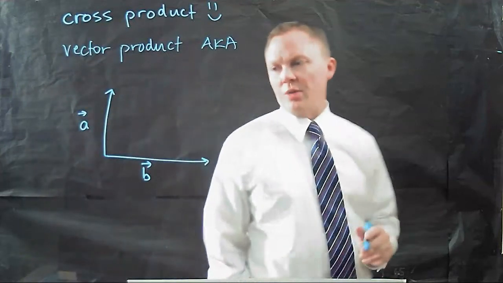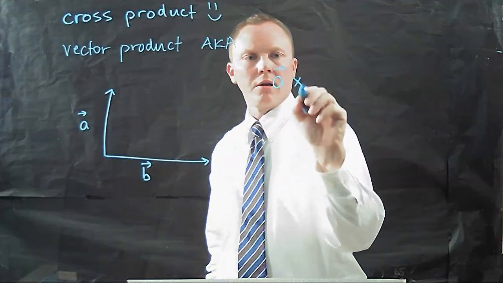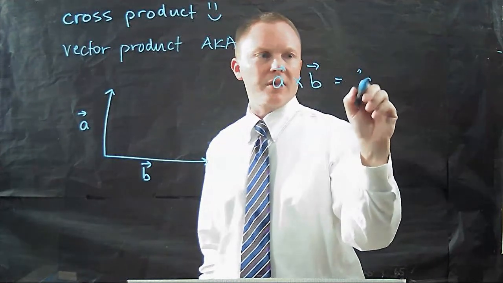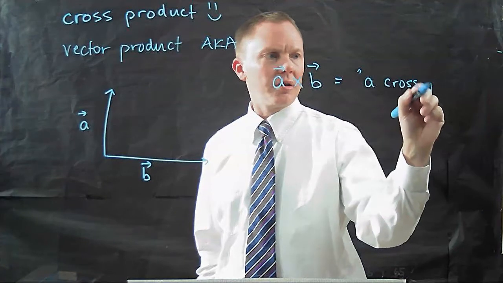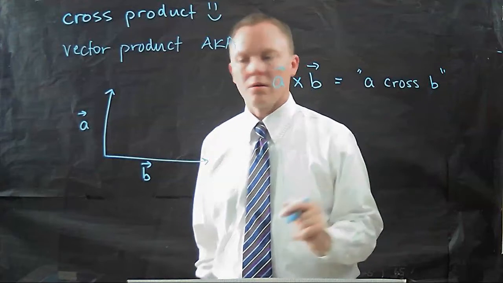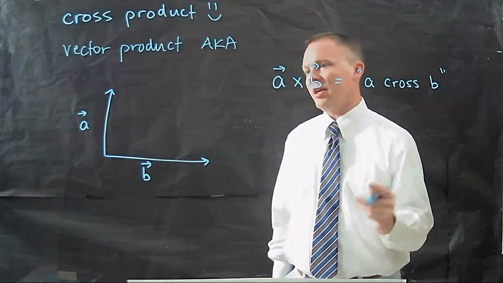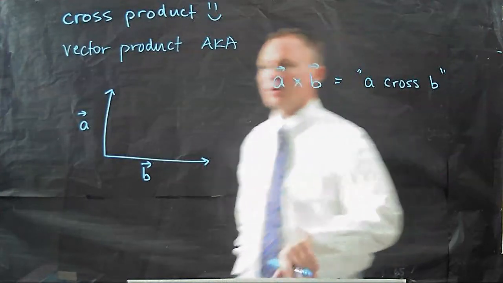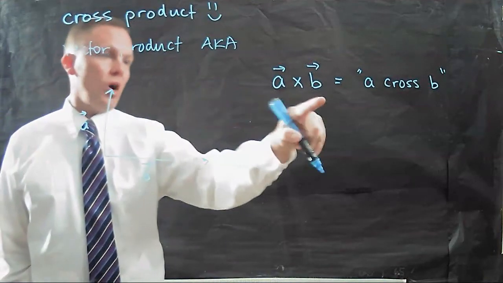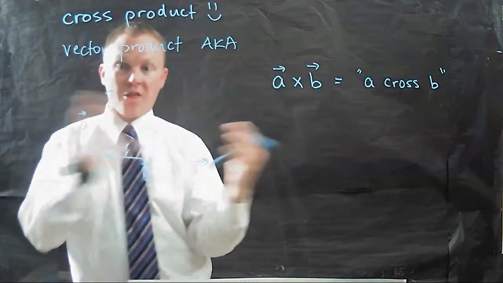Okay, so geometrically, what the cross product is, we read this A cross B. What the cross product is: you take two vectors and you cross them, you multiply them, and the result is a third vector.